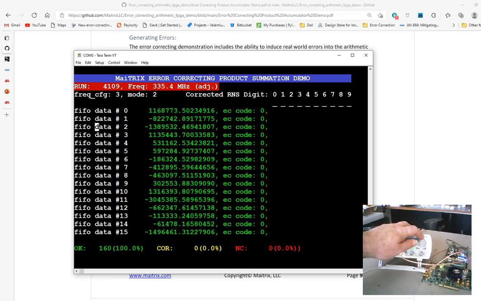And as I increase the frequency to the point where corrections begin, you'll notice that those corrections are the same number. If I back off the frequency, those numbers never change. And that's a sure indication that my corrections are working.